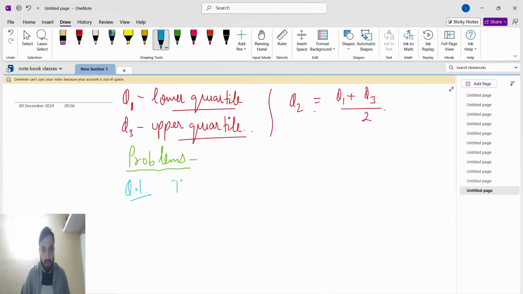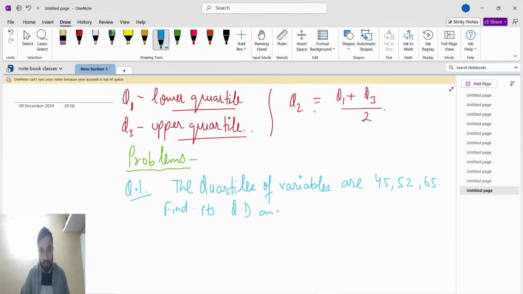The quartiles of a variable are 45, 52, 65. Find its quartile deviation and coefficient of quartile deviation.